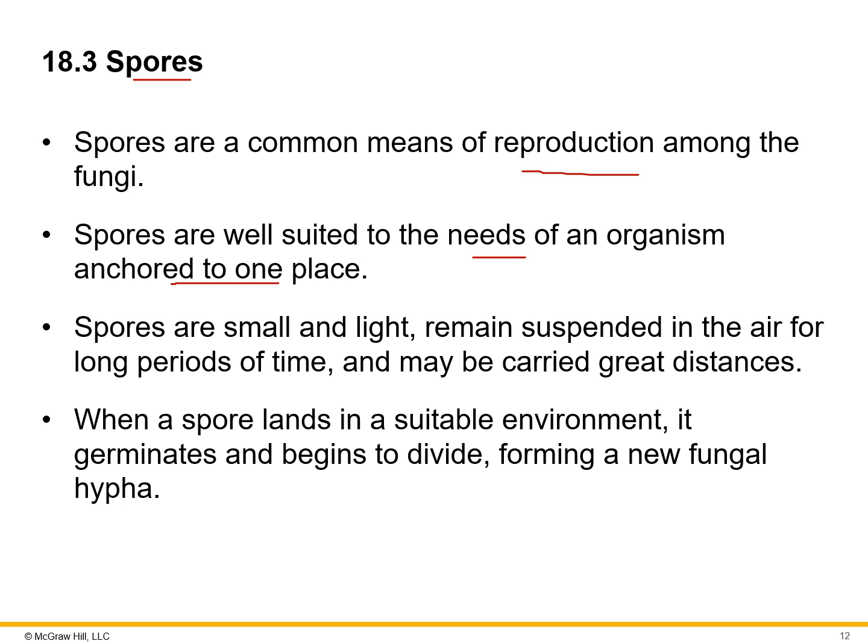For example, ferns use spores a lot. They're small and light, so they can be suspended in the air and carried great distances by the wind. When a spore lands in a suitable environment, it starts germinating. It begins to divide, and now we have a new fungus here. So these spores are a way to allow dispersal of the organism.